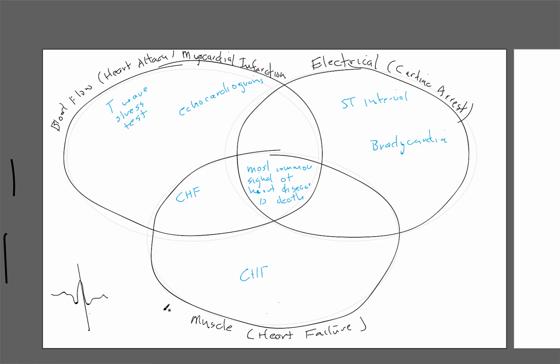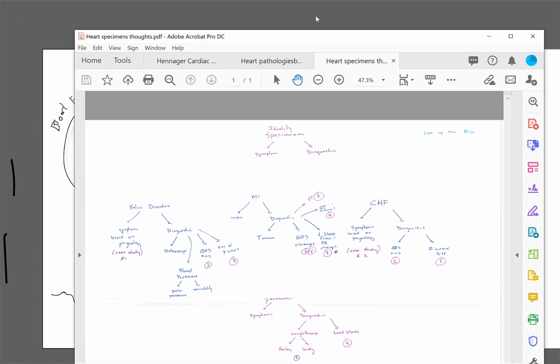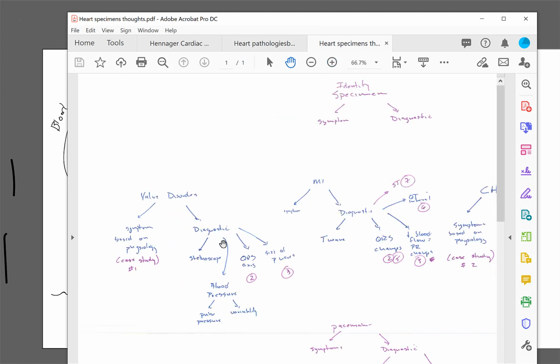So we're going to go through, and it's kind of a crude drawing here. But one of the things we would normally do in a face-to-face environment is go through a heart with valve disorders, and I want you to be able to say how we would diagnose this, or what the symptoms would be.